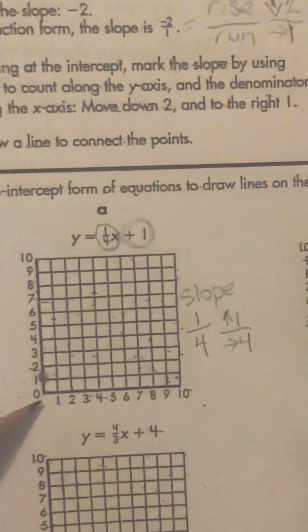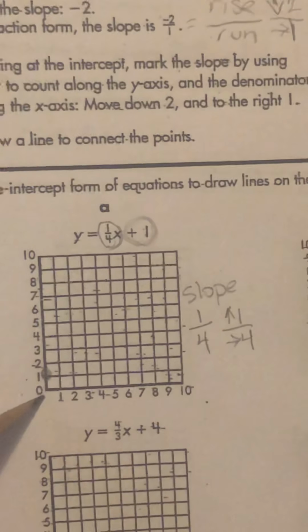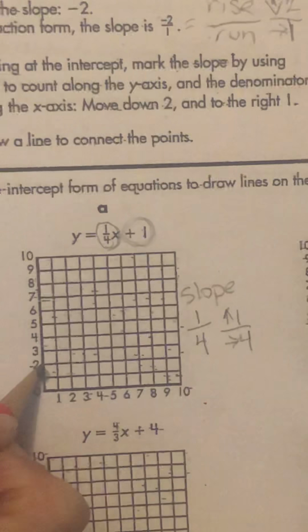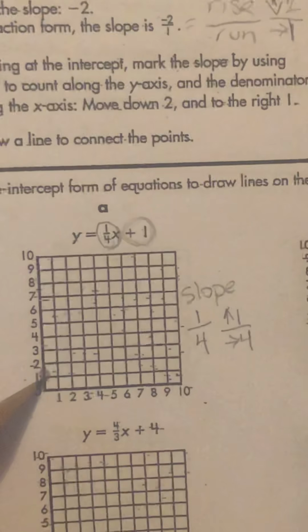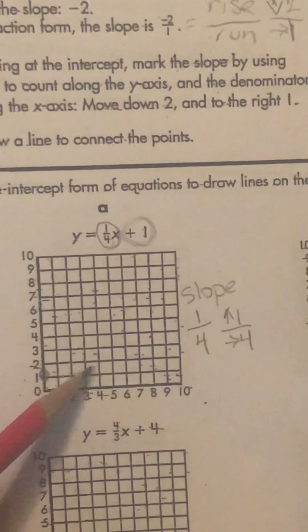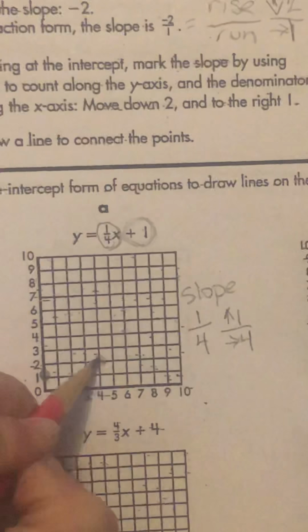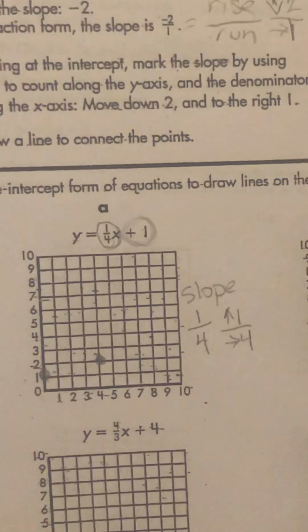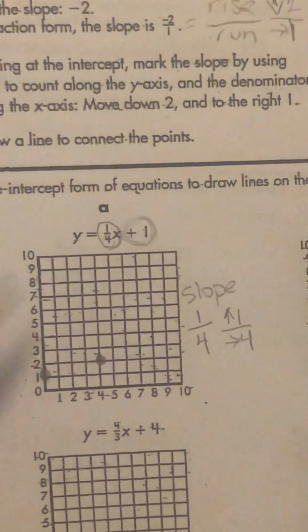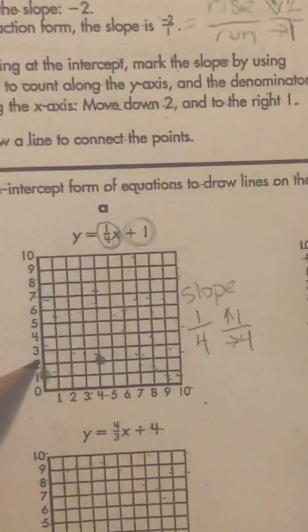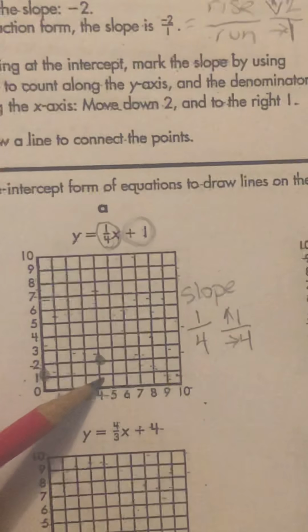We've got our first value, x is 0, y is 1. And from here, I have to count up 1 over 4. So from 1, I'm going to count up 1 over 1, 2, 3, 4. My second point falls on 4, 2. And if I really want to think about it, my y values increase by 1, and my x values increase by 4.